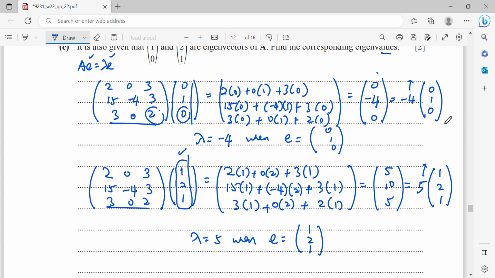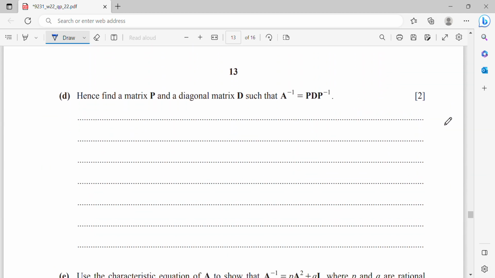Right, so now let's move on to D. Hence, use the previous answers to find a matrix P and D such that A inverse is PDP inverse. Now, basically, the original should be D equals P inverse AP. This is the original equation when you diagonalize the matrix.